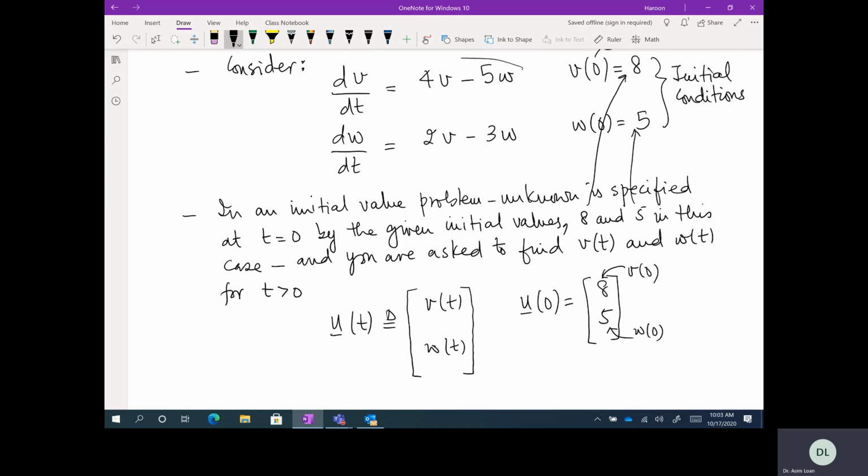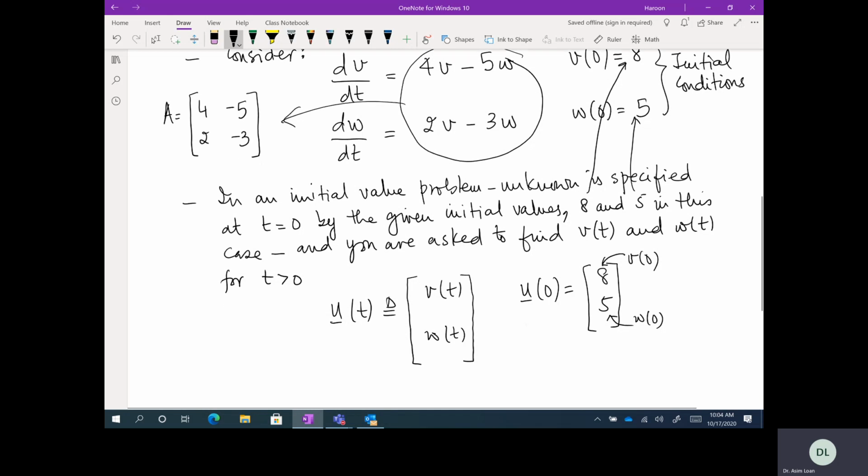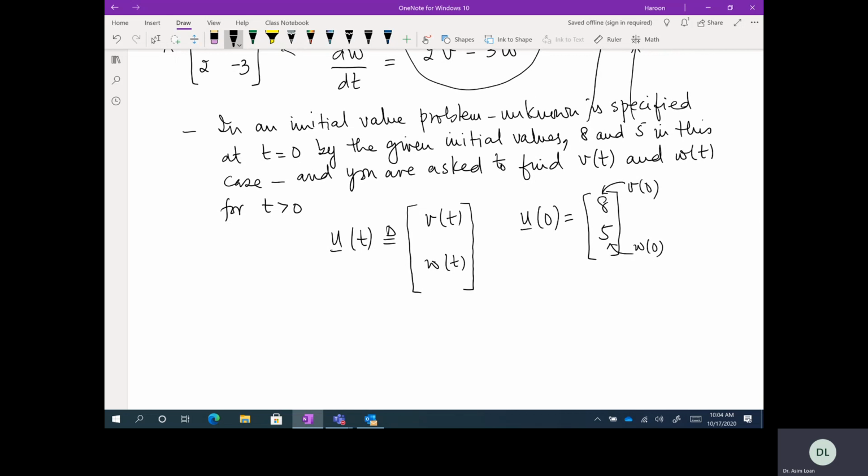And A is based on these: A is 4, minus 5, 2, minus 3. So I have dU by dt equals A times U, where I've dropped the t, knowing that this is a function of t, with U equals U0 at t equals 0.